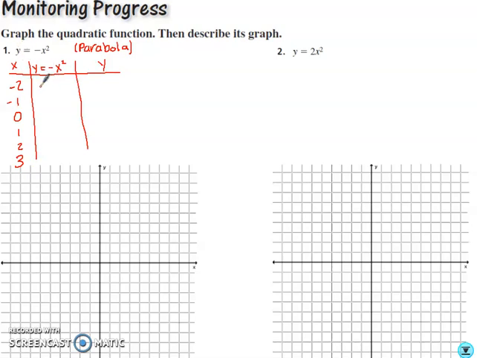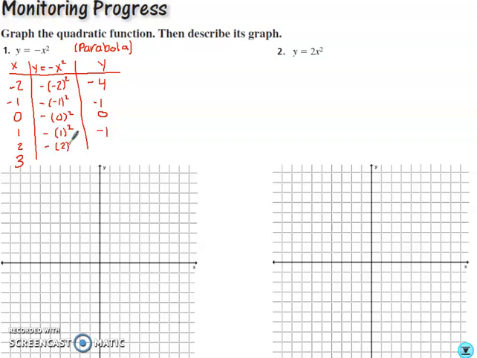-x squared, so y is the negative of -2 squared. -2 squared is 4, but then we make that negative, so -4. Here I've got negative of -1 squared. Negative 1 squared is 1, but then I make it negative, so I get negative 1. Negative 0 squared. 0 squared is 0, and negative 0 is still 0. Negative of 1 squared. 1 squared is 1, make it negative.